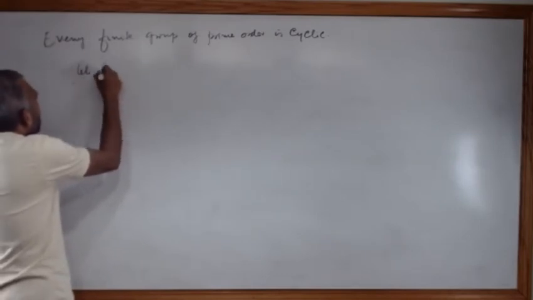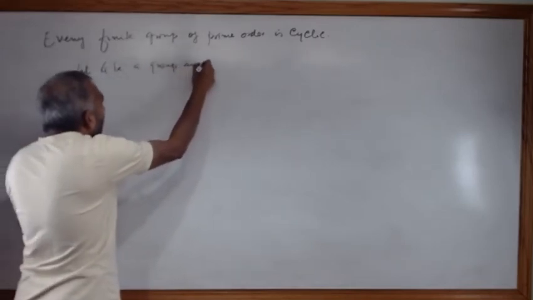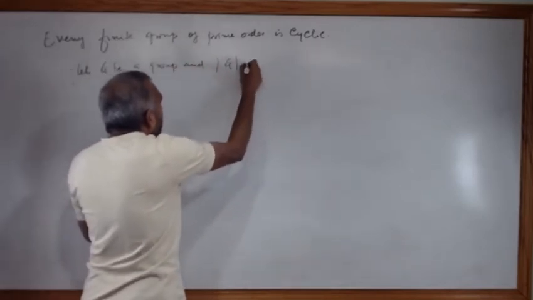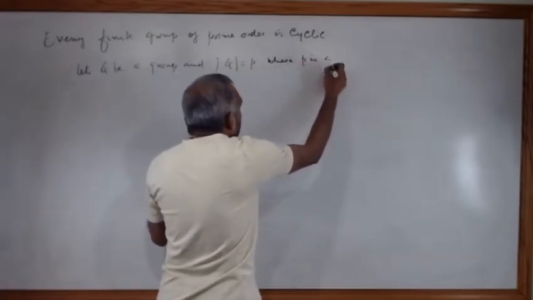So let G be a group and its order is equal to p, where p is a prime number.